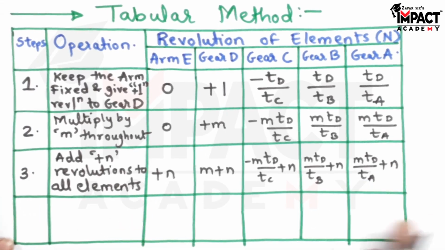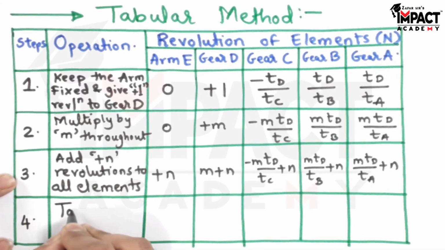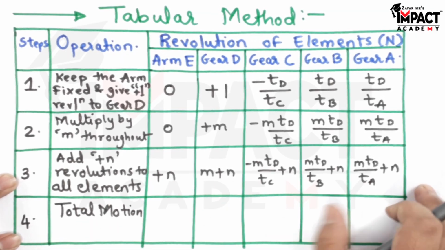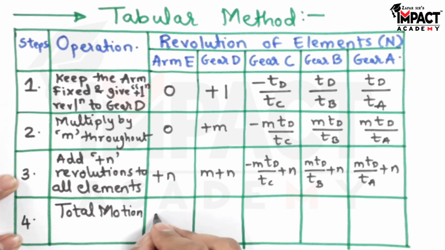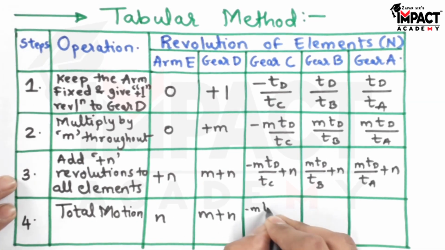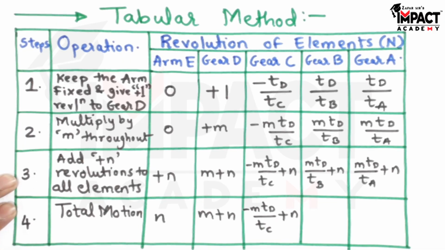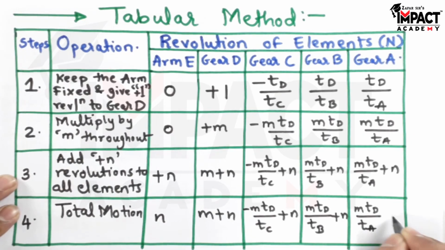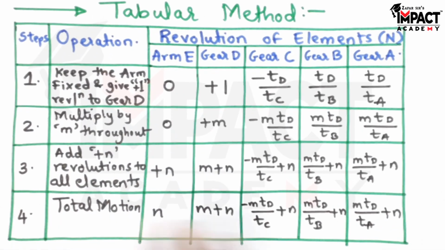And finally the total motion. So this last row is the total motion. So for arm E it is n, for D m plus n, so these are the total motions.